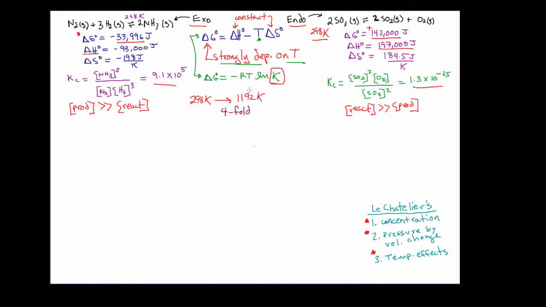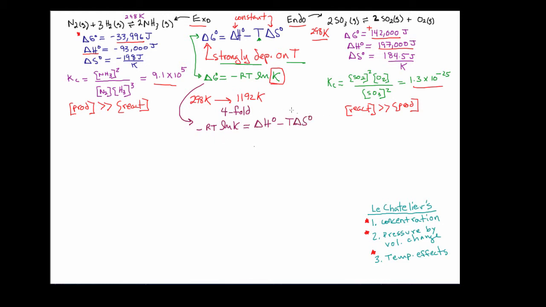So what I'm going to do is show you the relationship between two different equilibrium constants versus change in temperature. And what I would recommend is that you sit down later and do the derivations yourself. And basically how it works is, I'll show you the setup. All right, since delta G naught is equal to delta H naught minus T delta S naught, and it's also equal to minus RT ln of K, we can set up the following relationship where minus RT ln of K is equal to delta H naught minus T delta S naught.